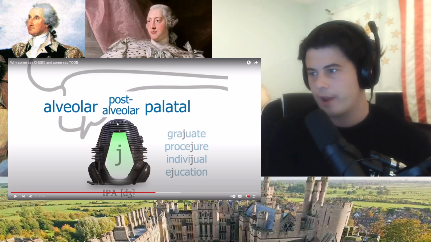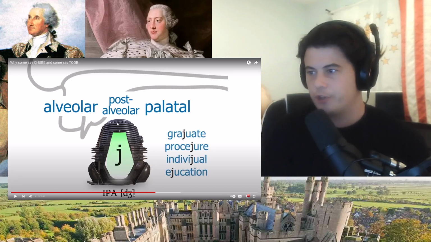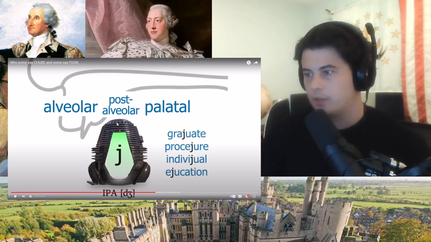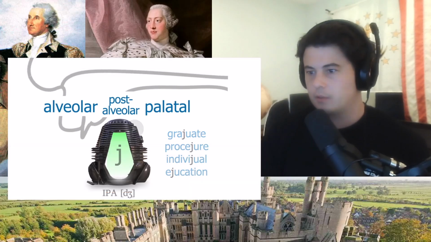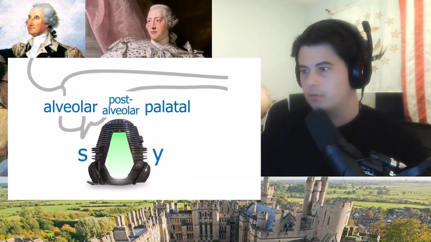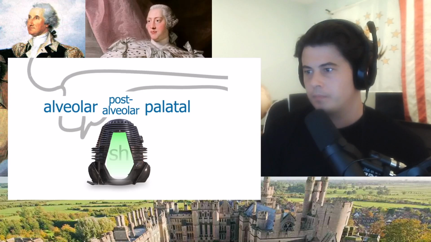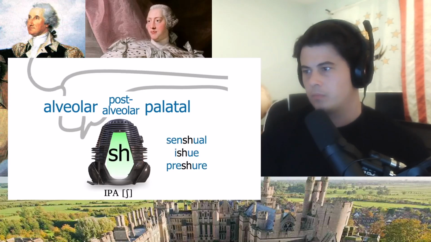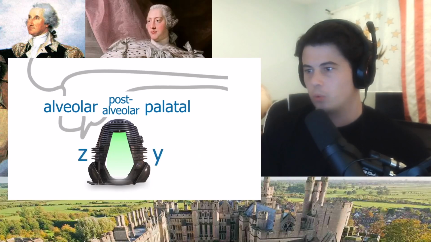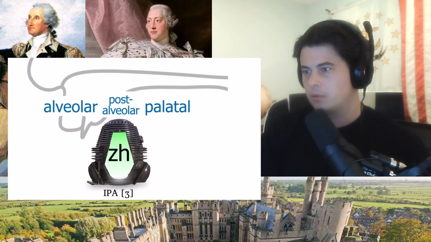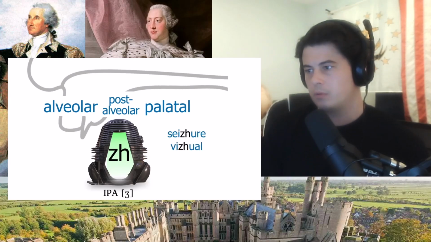S and yod coalesce to form postalveolar sh, as in sensual, issue, pressure. Z and yod coalesce to form postalveolar j, as in seizure, visual, usual, treasury.